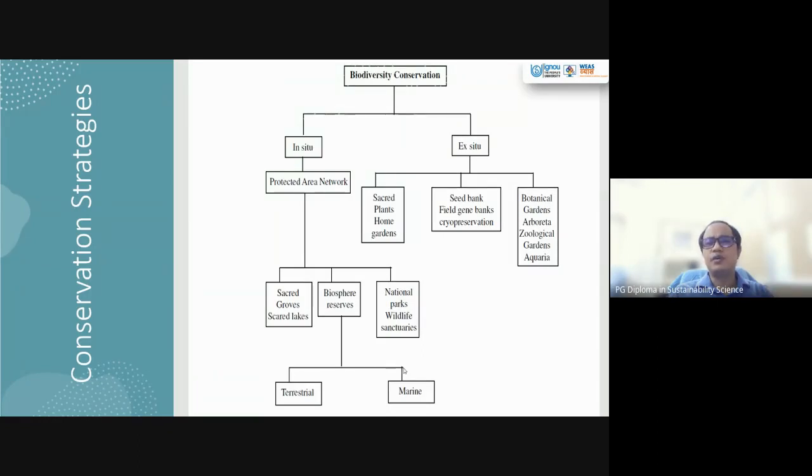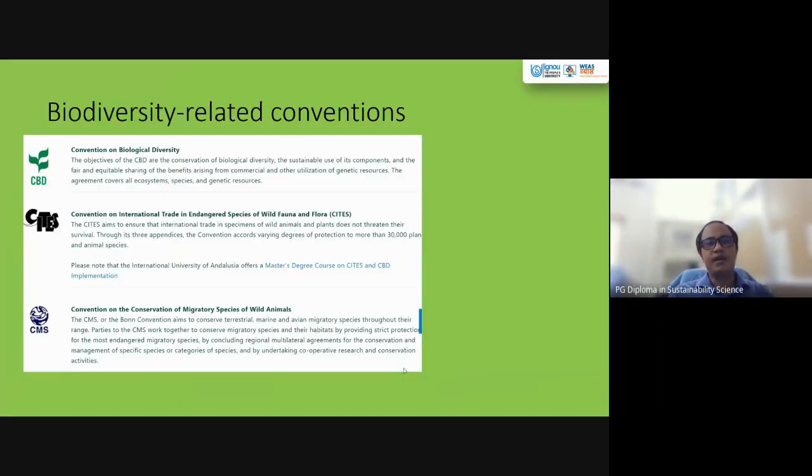In the same way, we have seed banks, field gene banks, cryopreservation, then botanical gardens, arboretums, zoological gardens, aquariums. These are some of the approaches we follow for the conservation of biodiversity.